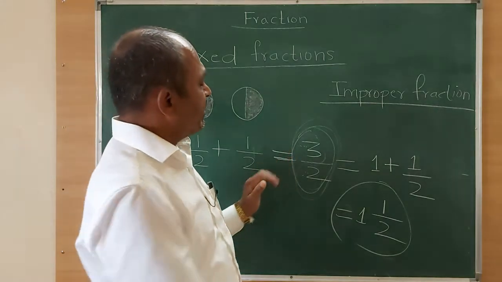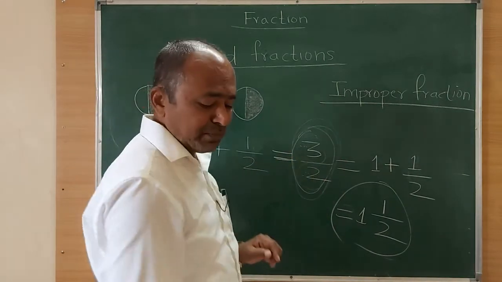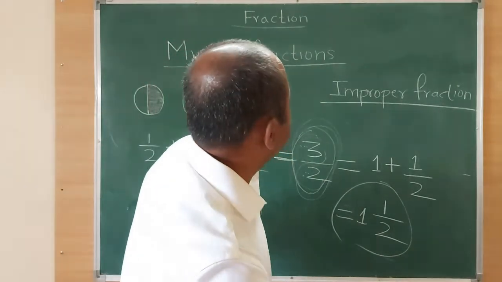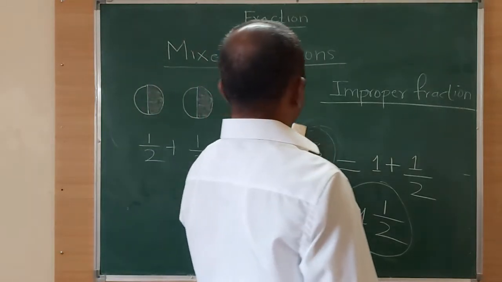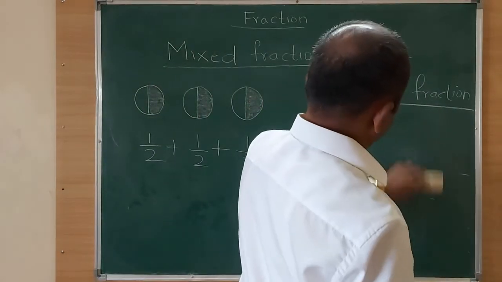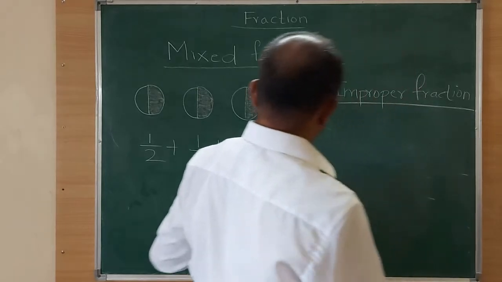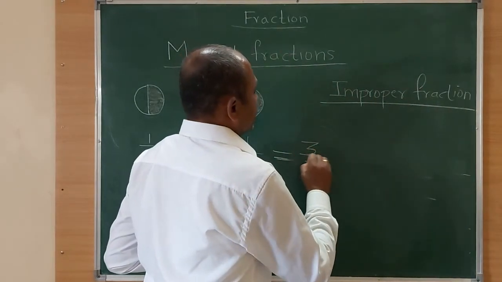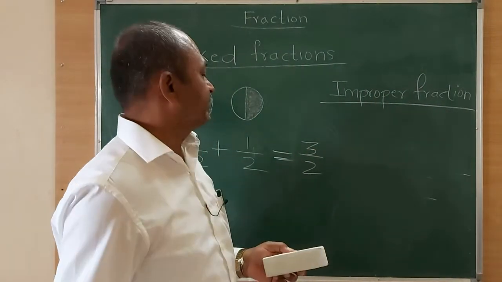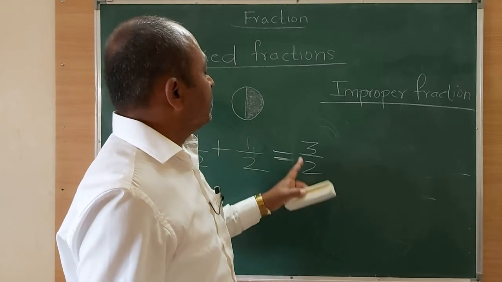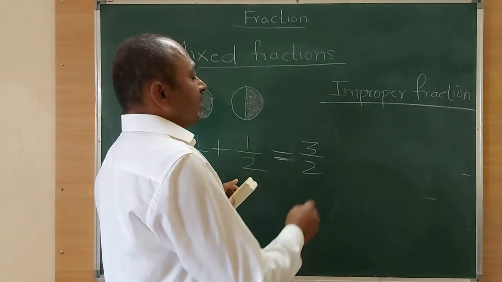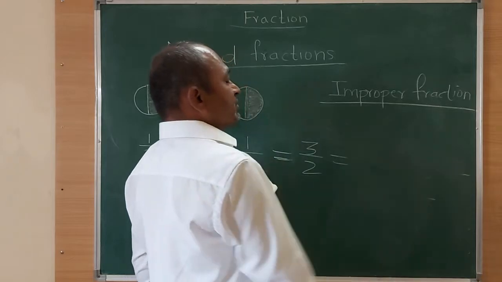Now, if the fraction is an improper fraction, for example, 3 upon 2 is an improper fraction, the improper fraction can be converted into a mixed fraction.